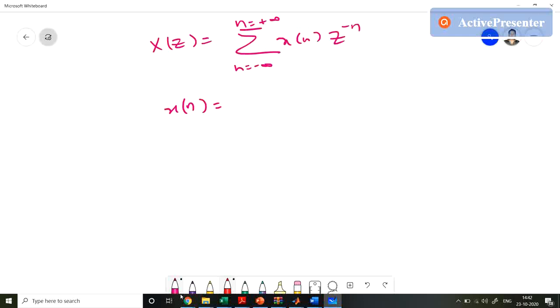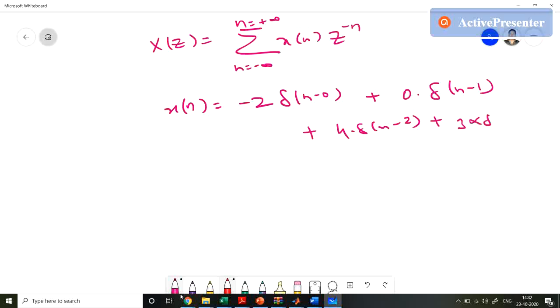So please check: it is minus 2 delta[n] plus 0 multiplied by delta[n minus 1] plus 4 multiplied by delta[n minus 2] plus 3 multiplied by delta[n minus 3] plus 3 multiplied by delta[n plus 1] plus 5 delta[n plus 2].